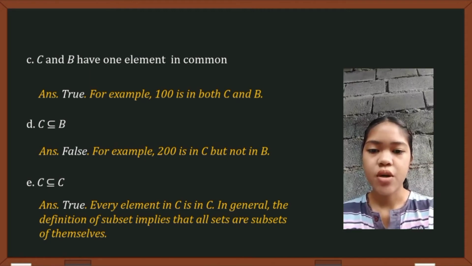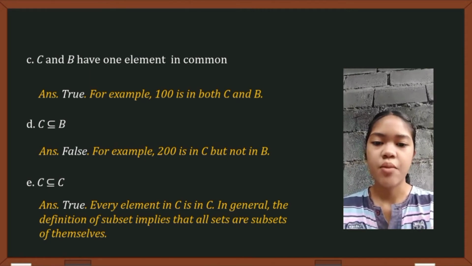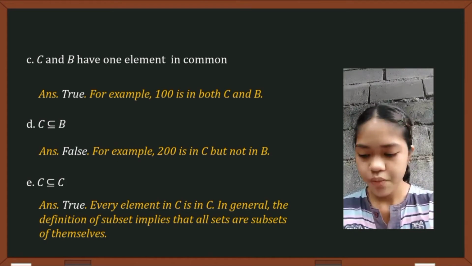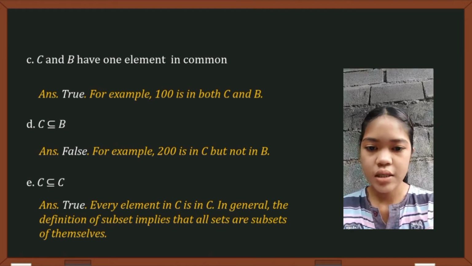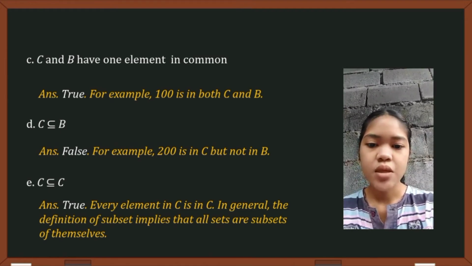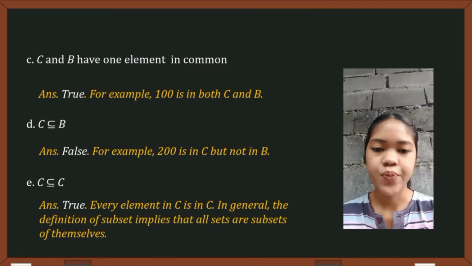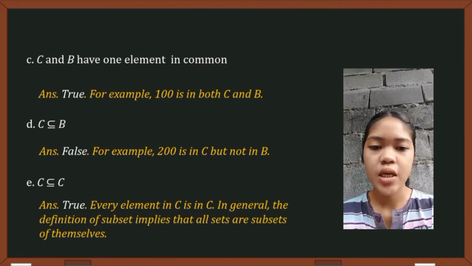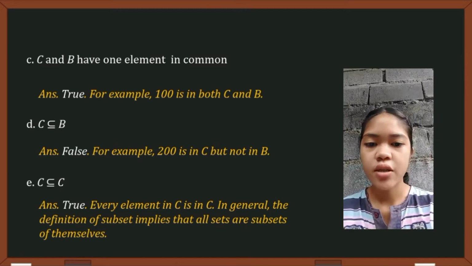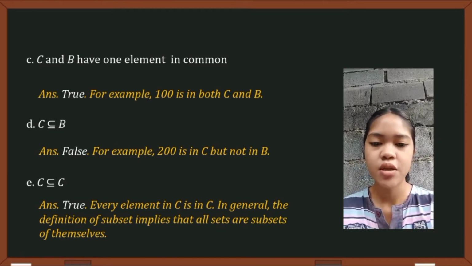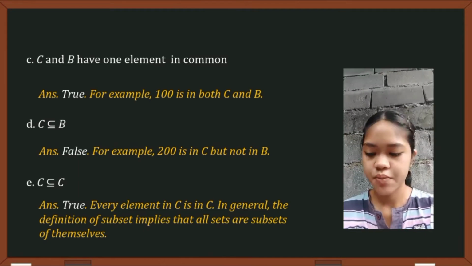For example, yung 200 ay nasa C, pero wala sa B, so the answer is false. Next is E. C is a subset of C. Answer is true. Kasi yung element sa C ay nasa C. In general, the definition of subset implies that all sets are subsets of themselves.